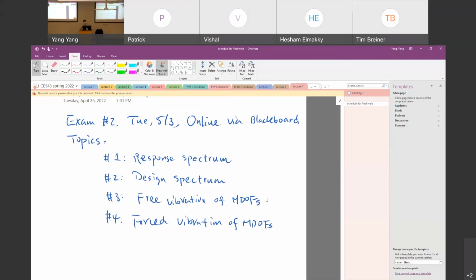Basically, we will not have any homework problems anymore. So project 2 will cover the topics for the forced vibration as well as free vibration of MDOF systems. That's the plan.